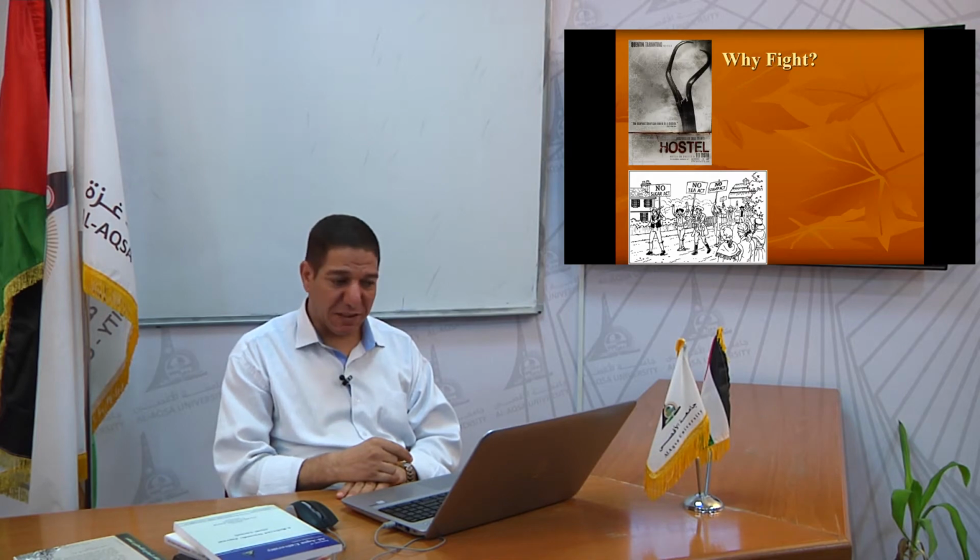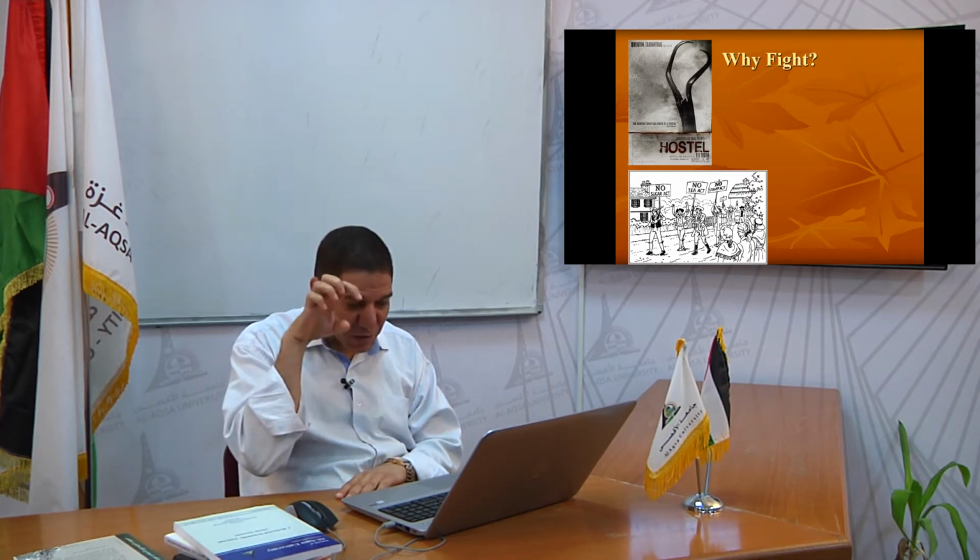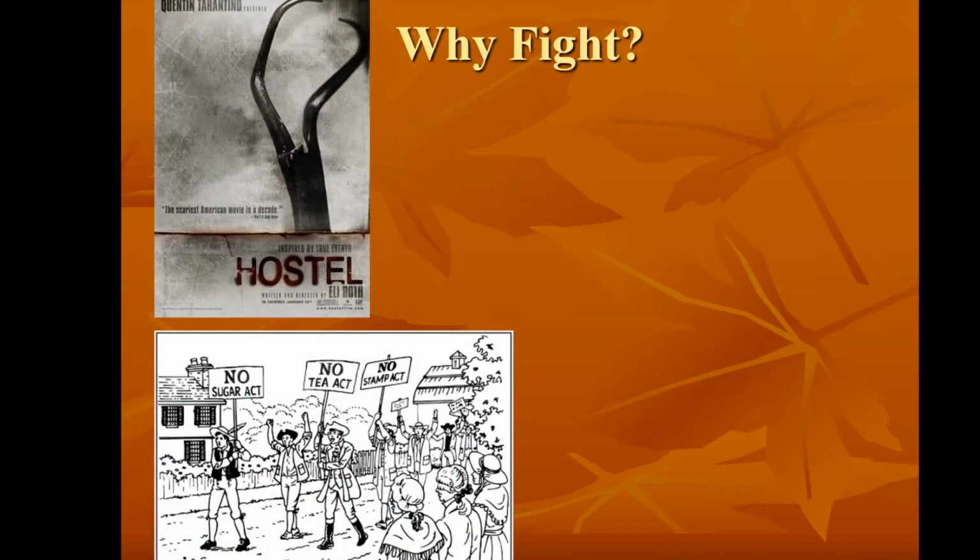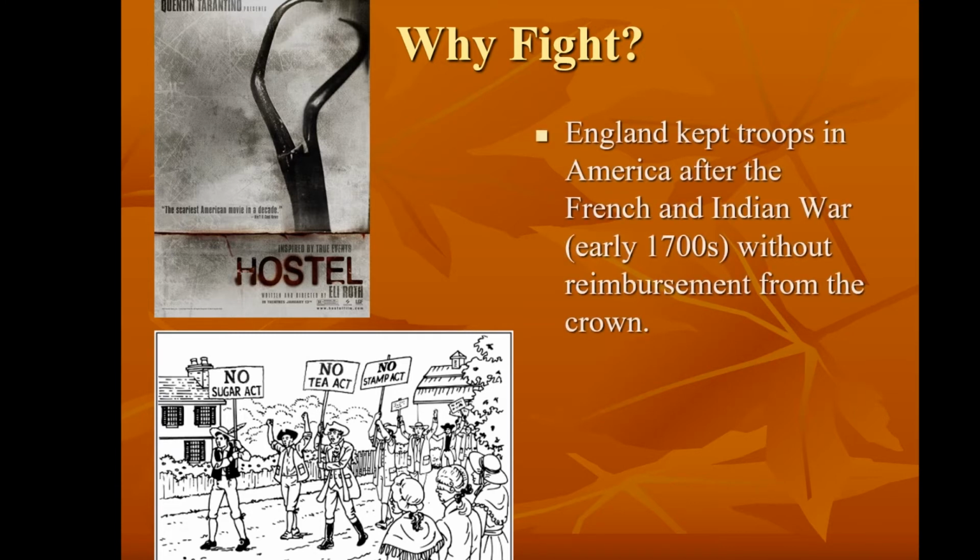Sugar Act that imposed a specific tax on sugar trade, and Tea Act as well, and Stamp Act as well. All these are types of taxes that were imposed on the Europeans in America. They were not called American yet at the time.